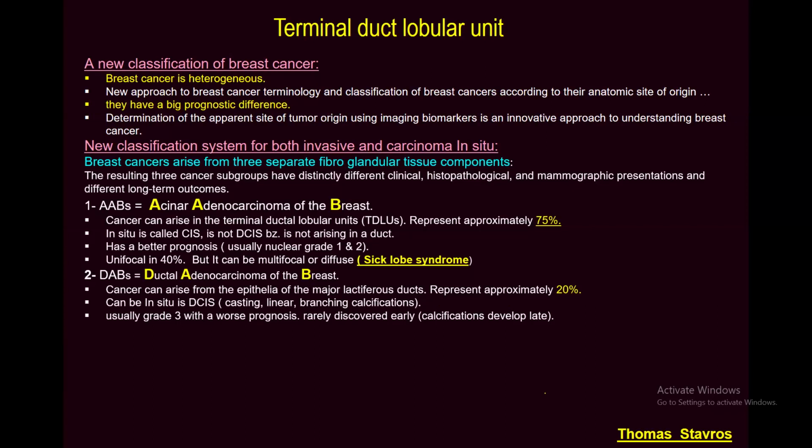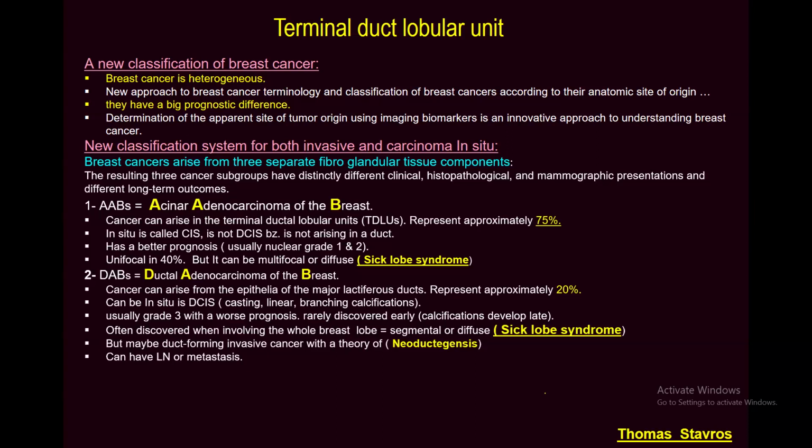DCIS is rarely discovered early, usually presenting with casting linear branching calcification, and the calcification will develop late, often discovered when involving the whole lobe, segmental or diffuse, as in sick lobe syndrome.